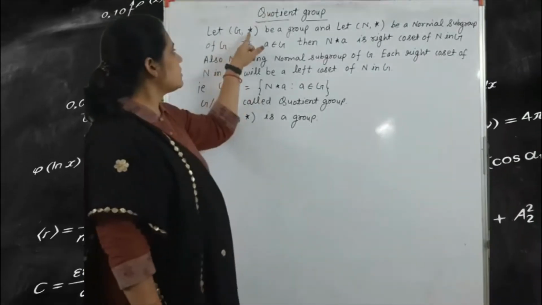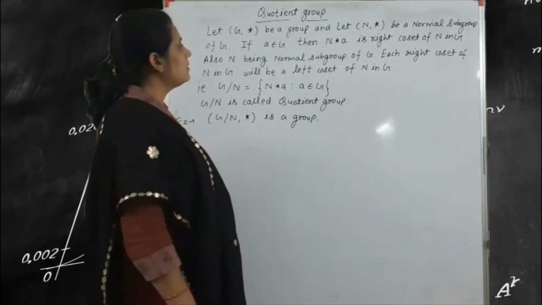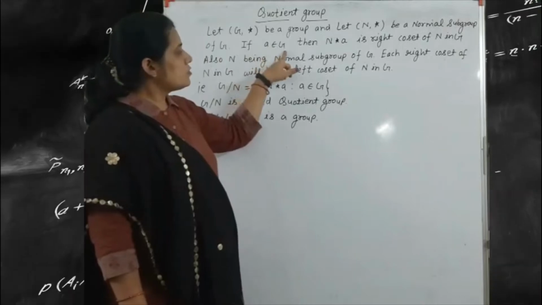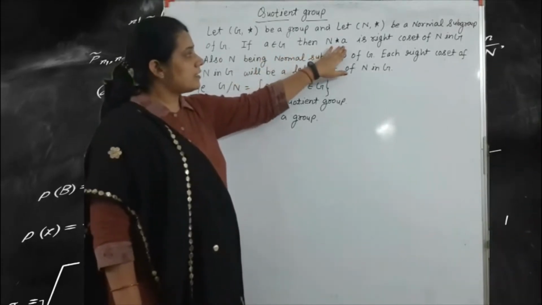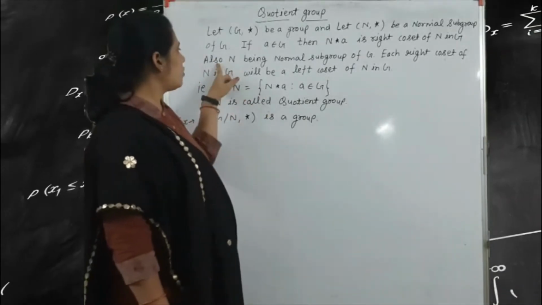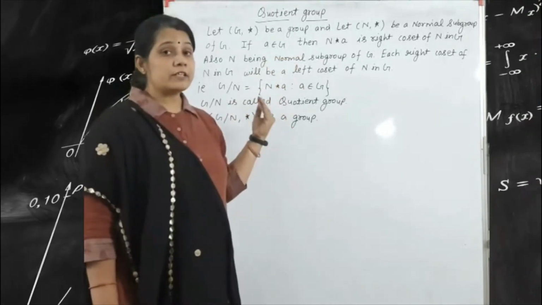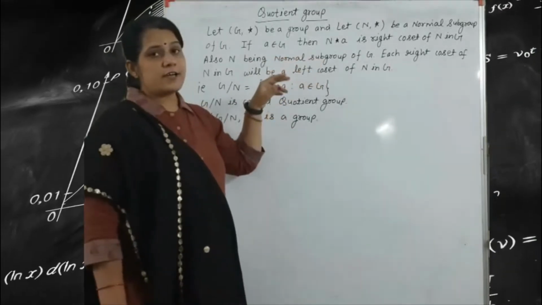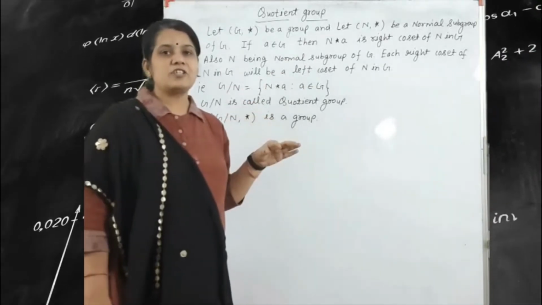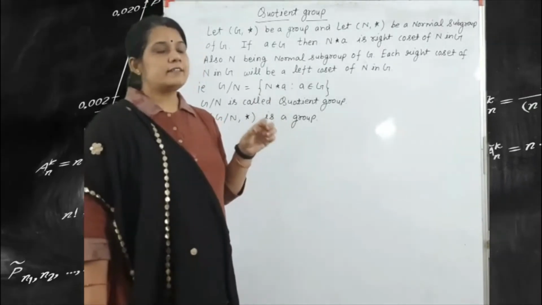According to your coset, the quotient group. So let G comma star be a group and let N comma star be a normal subgroup of G. If A belongs to G, then N star A is the right coset of N in G. Also, capital N being a normal subgroup of G. We have already seen in our previous lecture the definition of the normal subgroup: the left quotient and the right quotient are equal, then we can say that this is a normal subgroup.